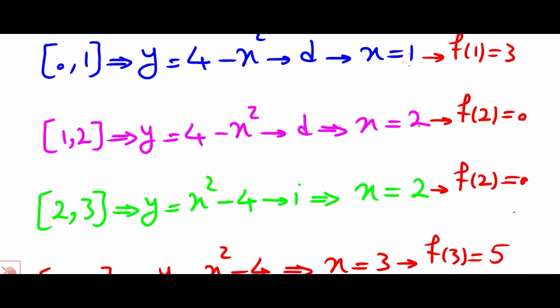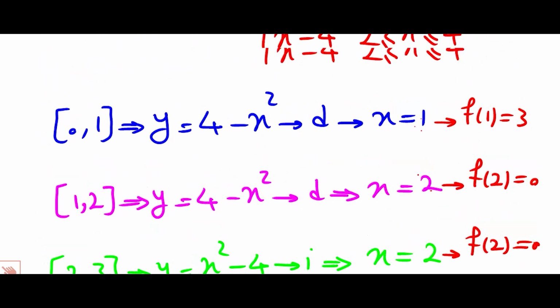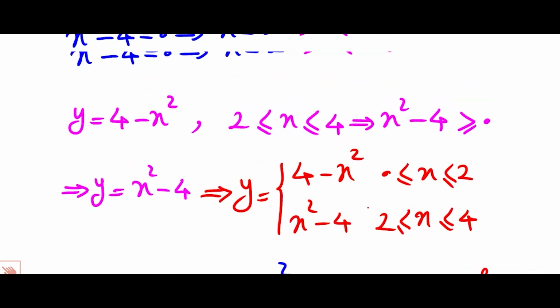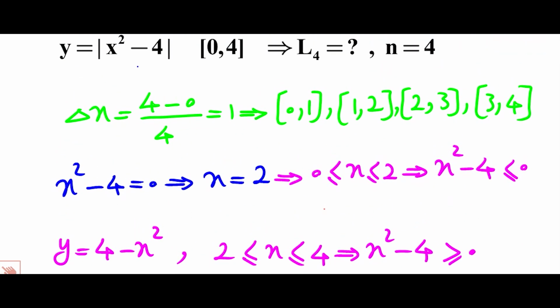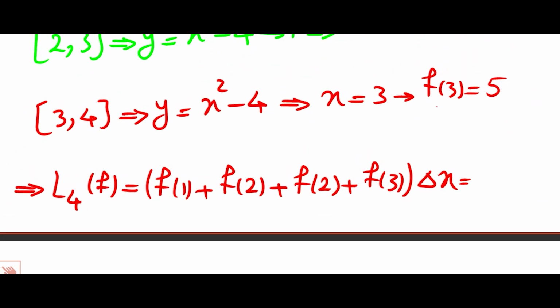So 5 plus 0 plus 0 plus 3 is 8, times delta x. Delta x equals 1, so the final answer is 8.